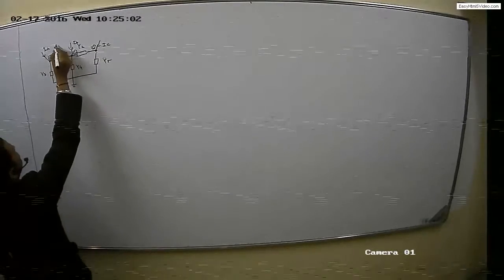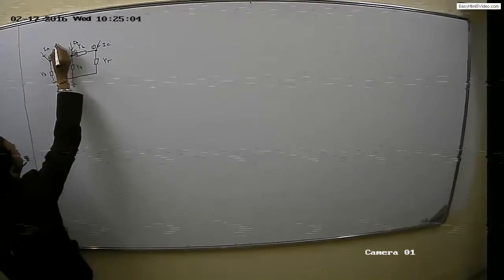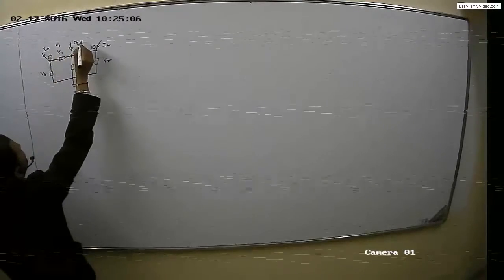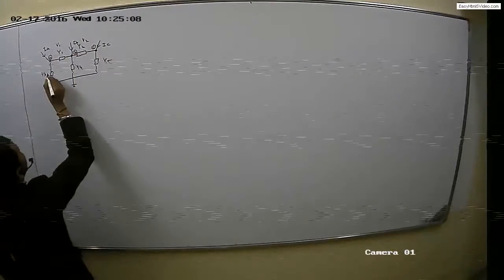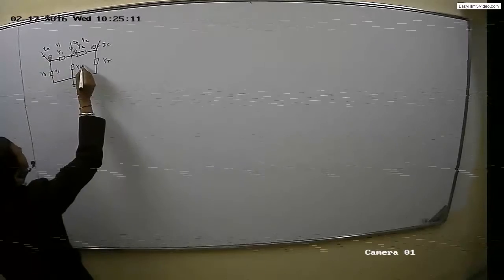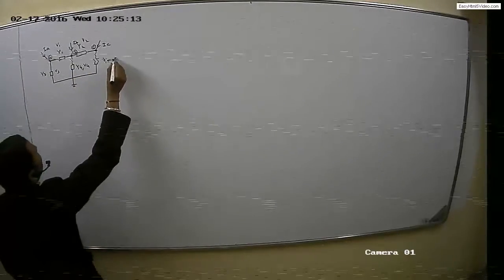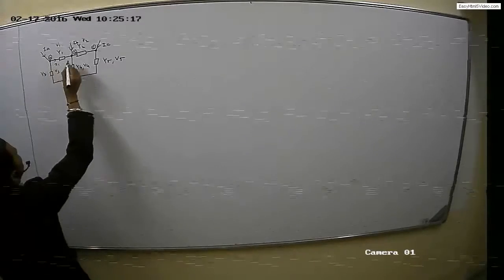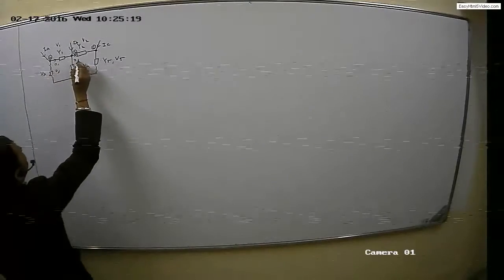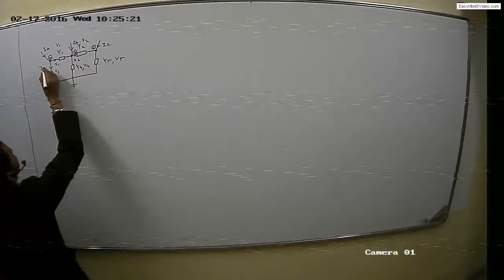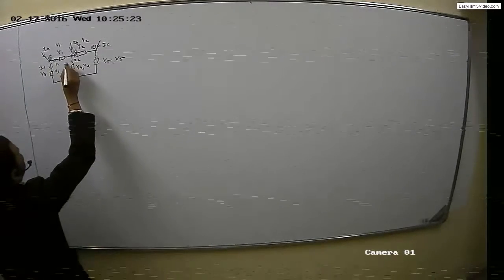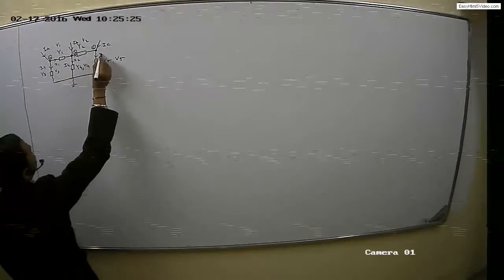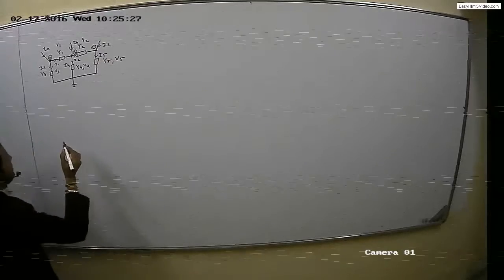Let us assume that the branch voltage drops in the branches are V1, V2, V3, V4 and V5, and the branch currents are I1, I2, I3, I4 and I5. So let us write down all these things.